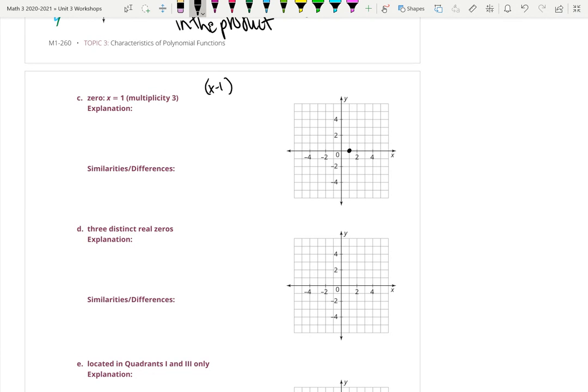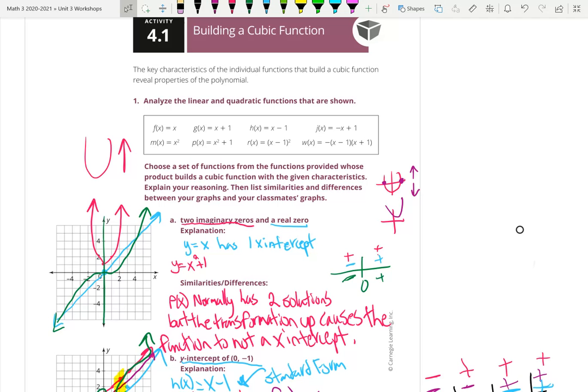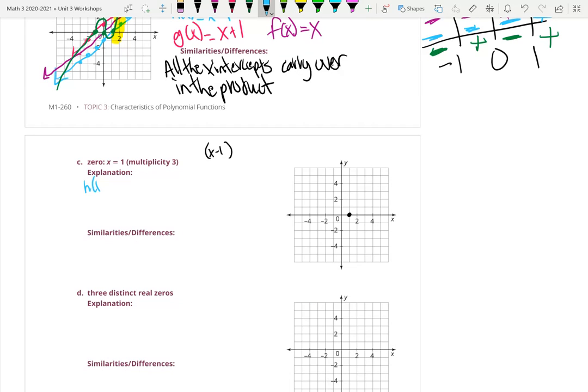So picking the function that has that, I'll point to h of x, which is x minus 1. So here we go. I'm going to graph this guy. I know I have my y-intercept at -1 because this is in standard form. And it's going to continue.